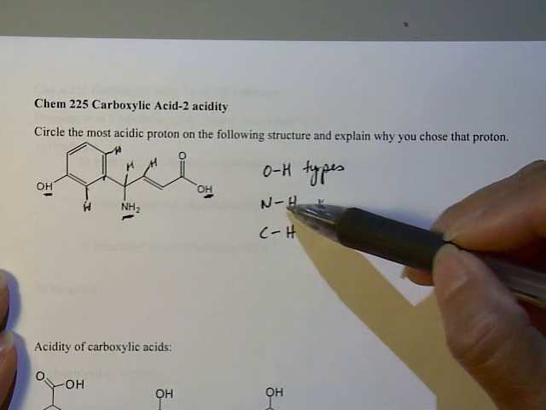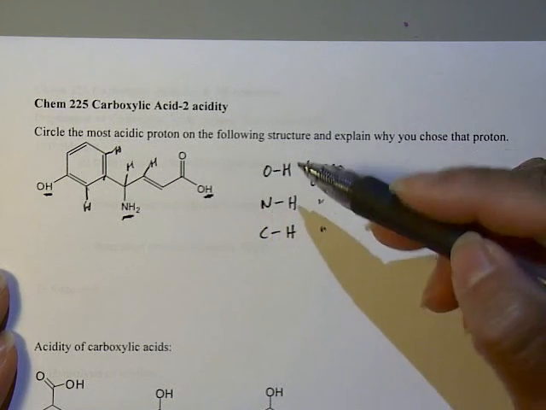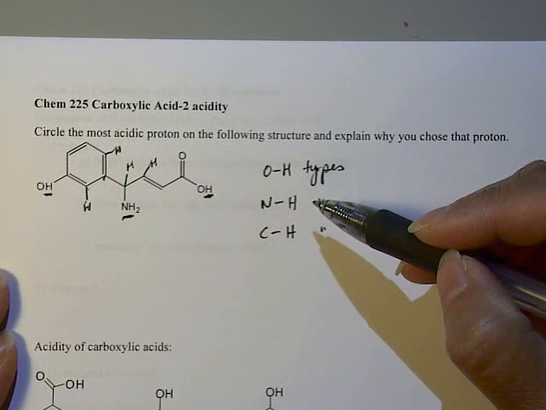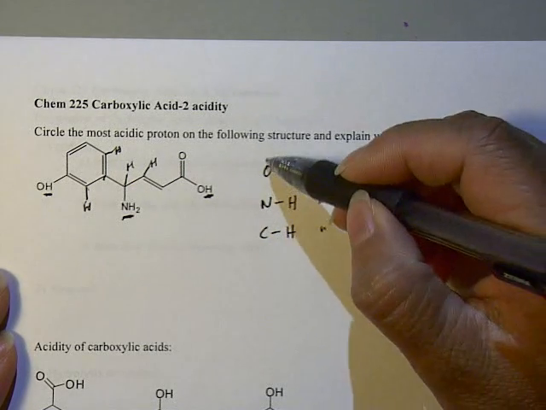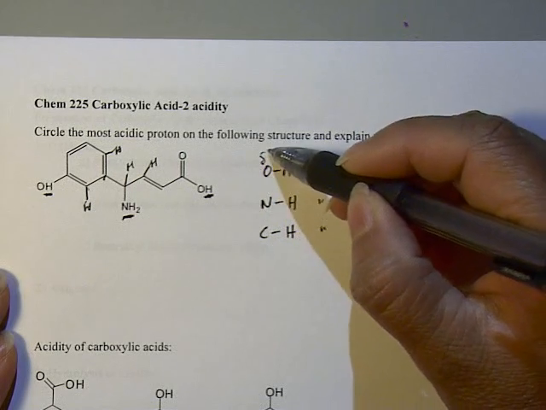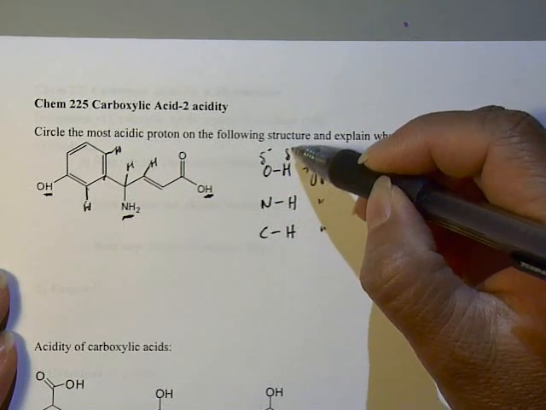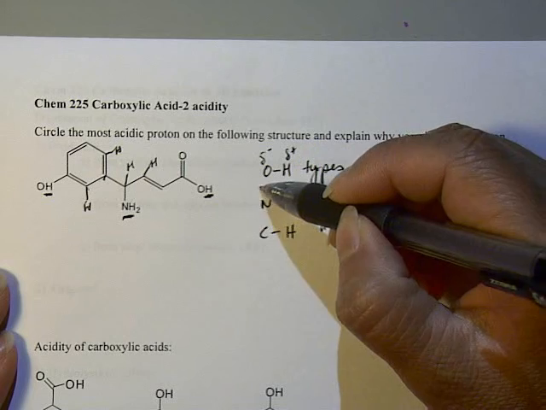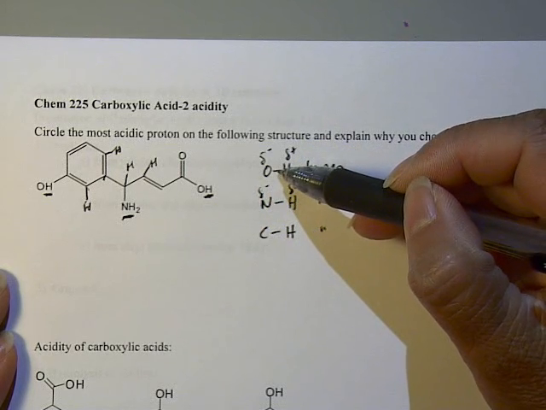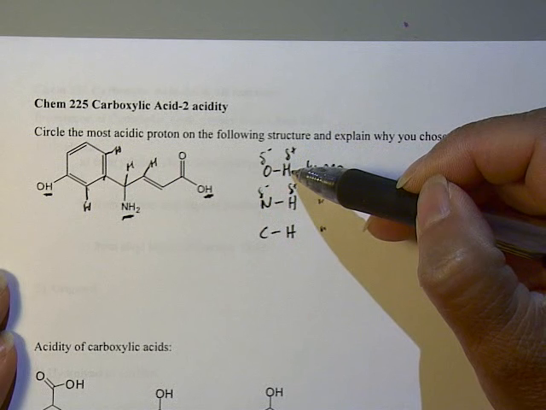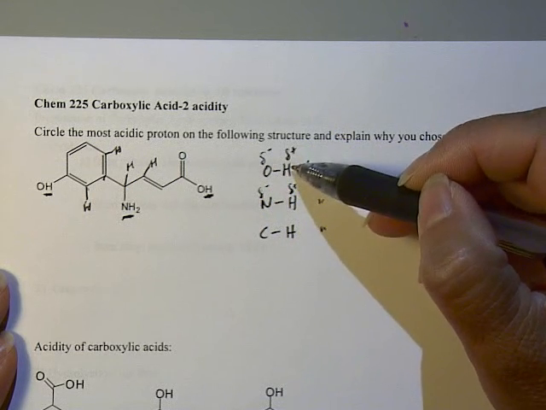Nitrogen is more electronegative than hydrogen, so it's pulling electron density towards the nitrogen. But that scenario is happening even to a greater extent when hydrogen is attached to an oxygen. So we know that, because this is not shared equally, this hydrogen already has some partial positive charge.